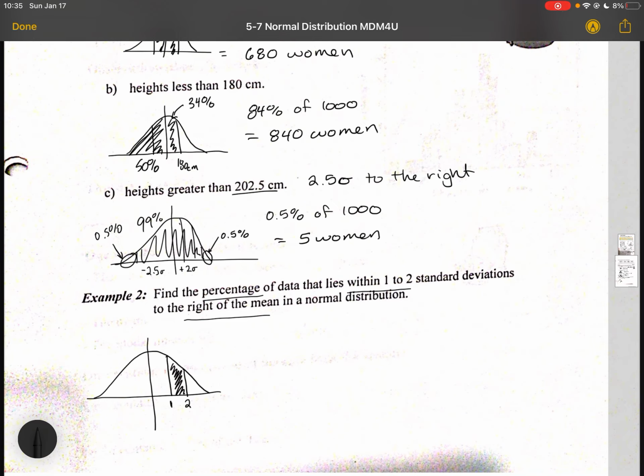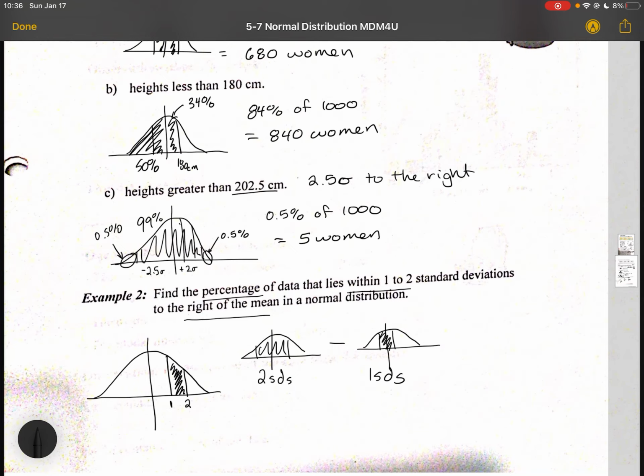And what I'm looking for is the area between those 2 boundaries. So what I can do is I'm going to do my area for 2 standard deviations, take away my area for 1 standard deviation.